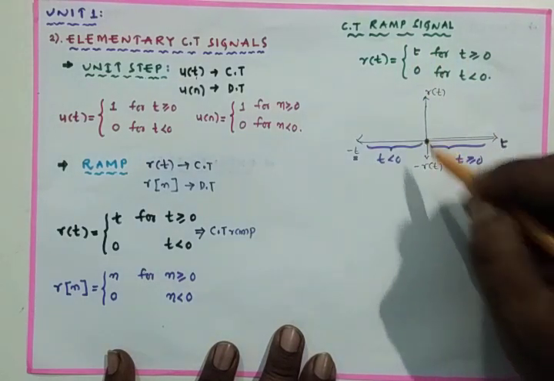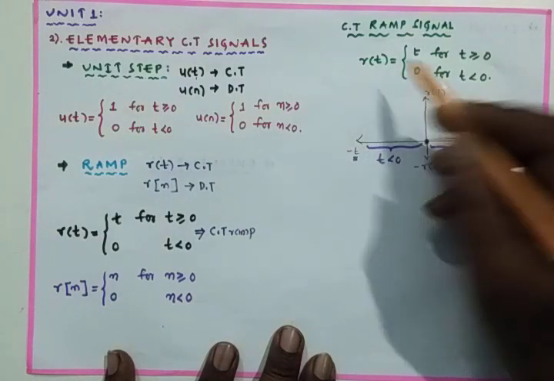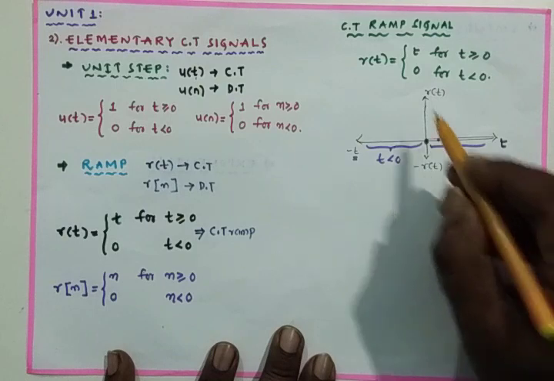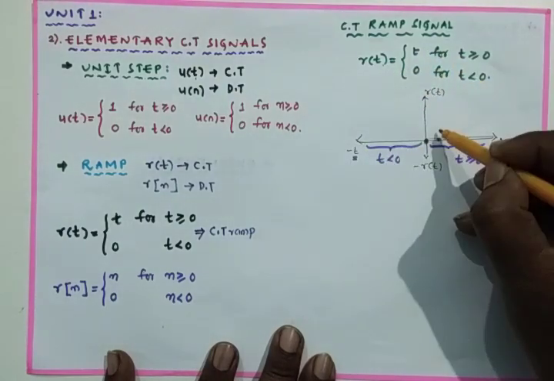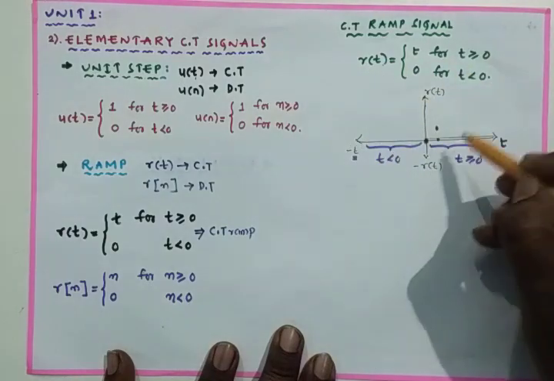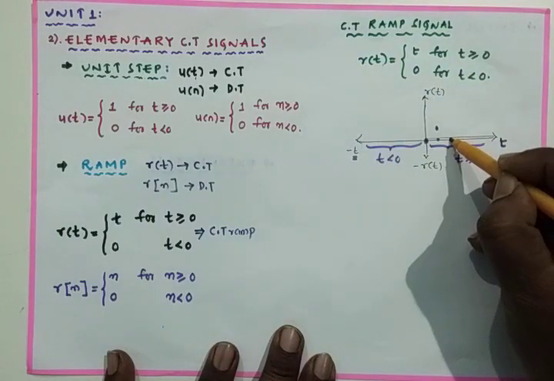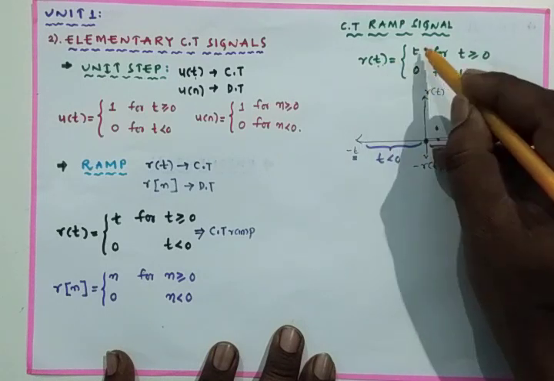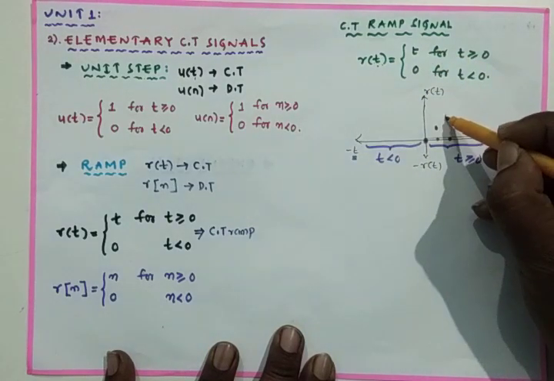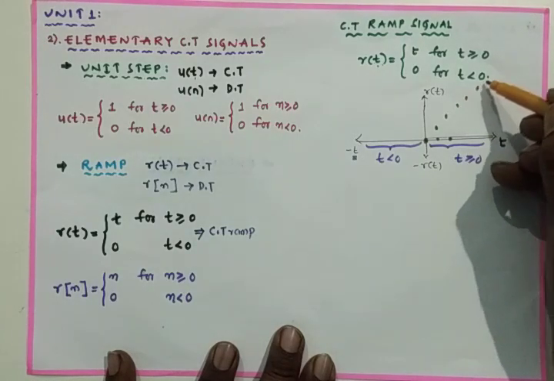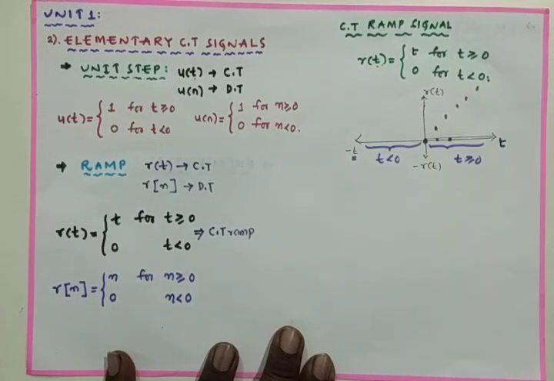If I go with t equal to 1, r of 1 will be 1 only, so I can get the amplitude here. If t is equal to 2, r of 2 will be 2, so the amplitude is also 2. Like that, I can see the signal is linearly increasing with respect to the independent variable.